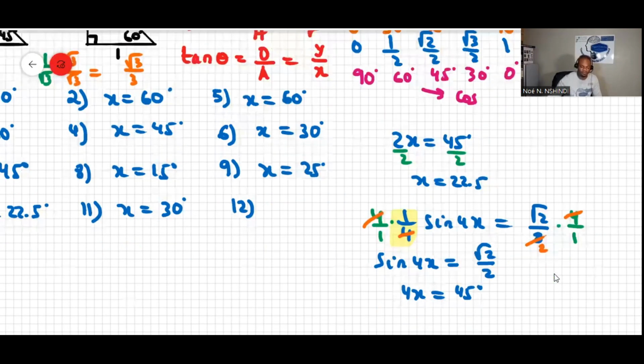Now, to get the value of x, we divide by 4. Now, 45 divided by 4 is 11.25. So x will be 11.25 degrees. Thank you.